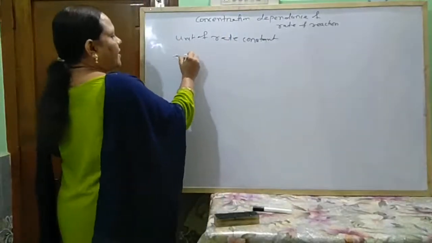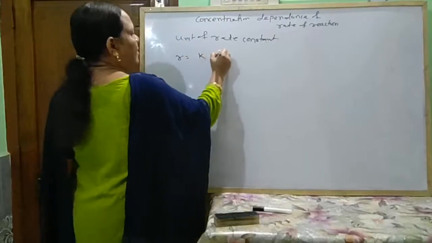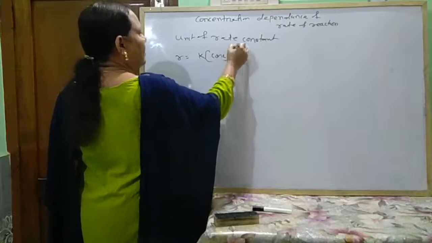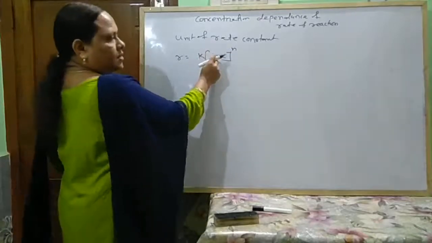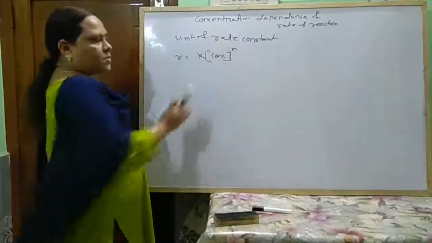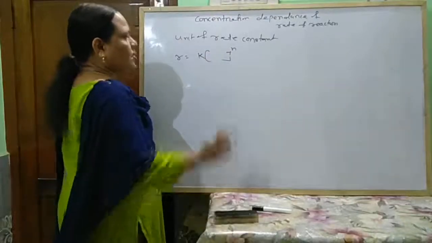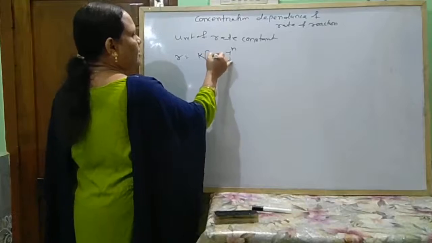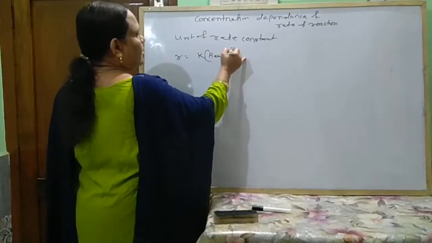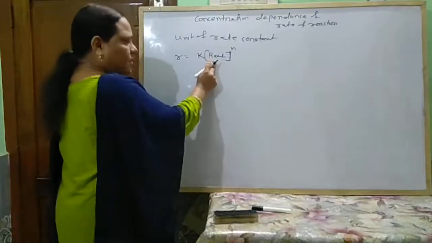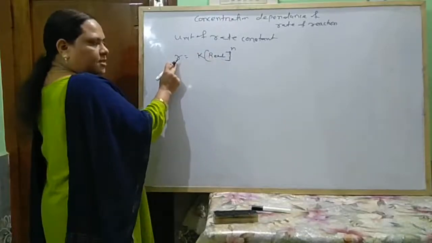Look, rate equal to K into concentration to the power n. So what is the concentration term? The reactant concentration to the power n. So this is the concentration term.